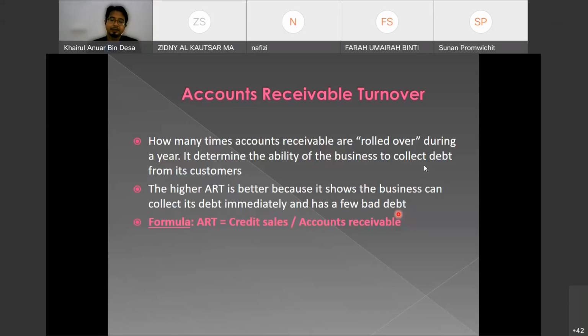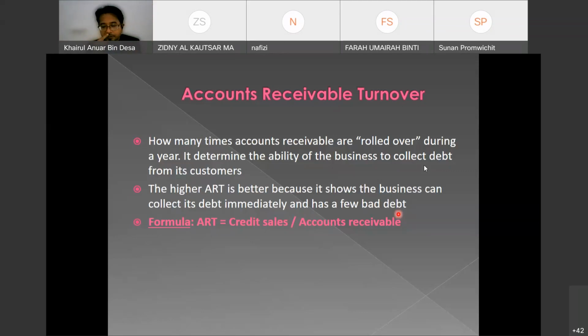Okay. Semakin banyak jualan dibuat, account receivable increase, the collection department also increase. That's what we call the turnover. Account jualan kredit keluar, collection masuk. That's why ada pusingan, ada turnover di situ.